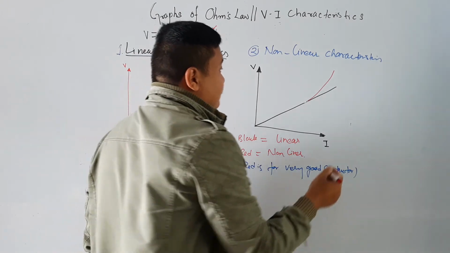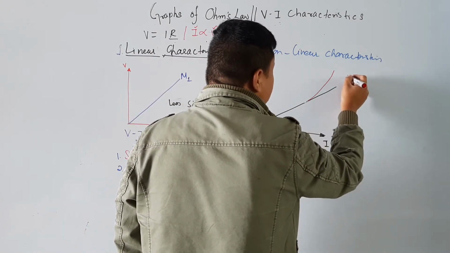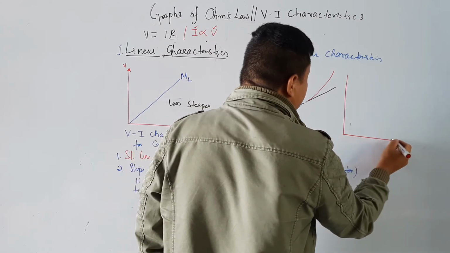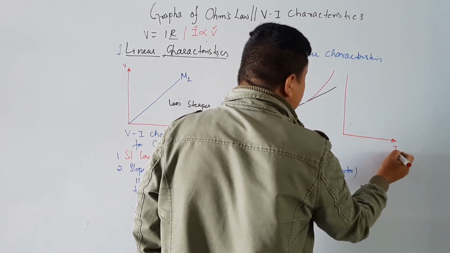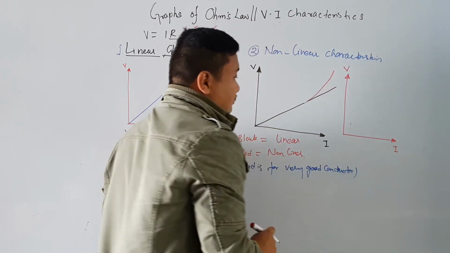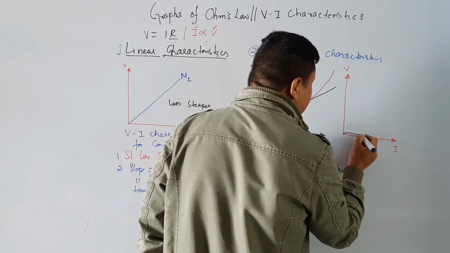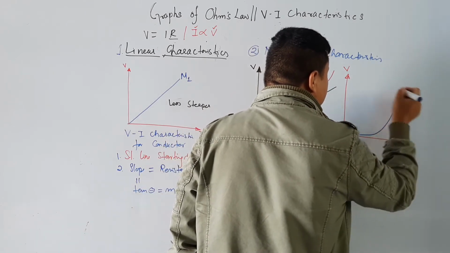Now I will give one more example. Again I will draw the same kind of thing. So this is my I and this is my V. Sometimes this gives a graph like this.